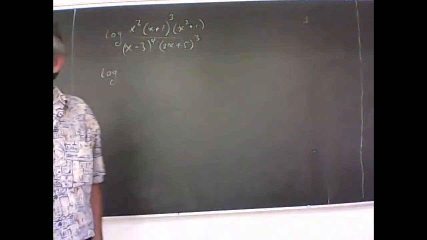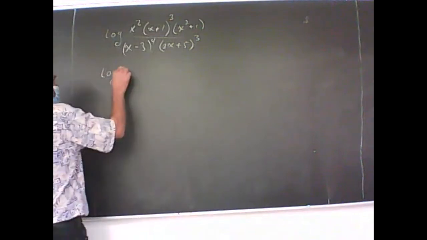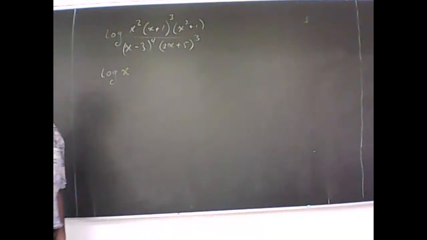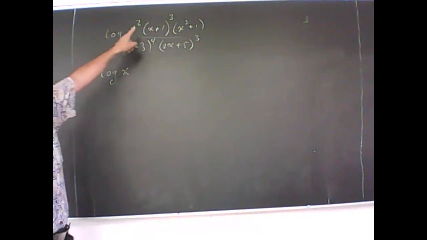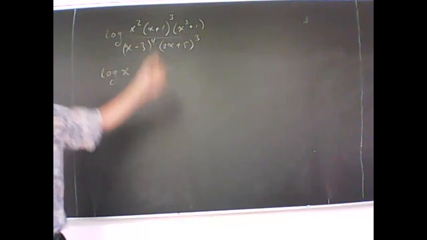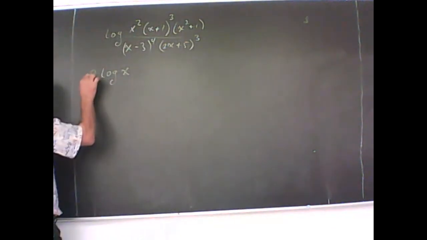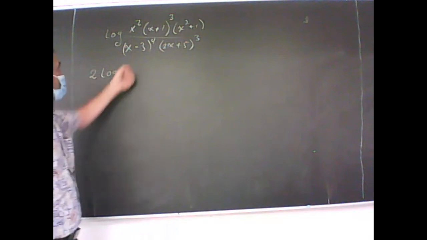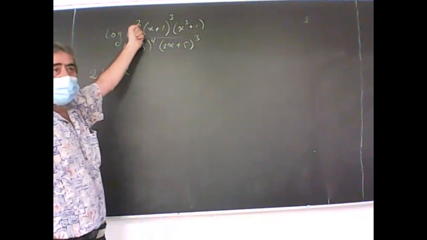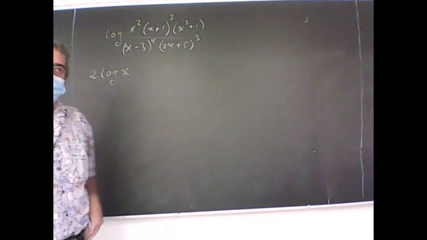That factor is x, so that's log of x. To determine how many log of x we have, we look at the exponent. The exponent is 2, so we have 2 of those. And this factor was on top, so it's positive.